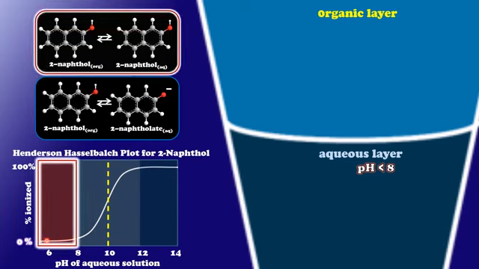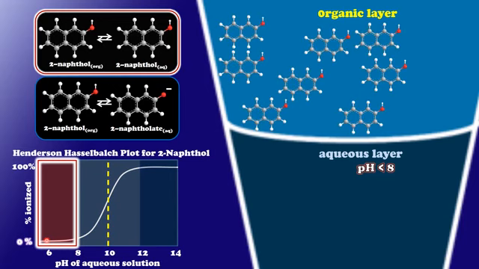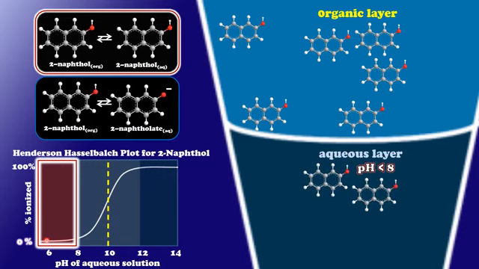At pHs less than 8, we have a situation where the equilibrium is that between neutral naphthol in the organic and neutral naphthol in the water, meaning that it's going to prefer to be in the organic phase, and only a small amount will dissolve into the water.